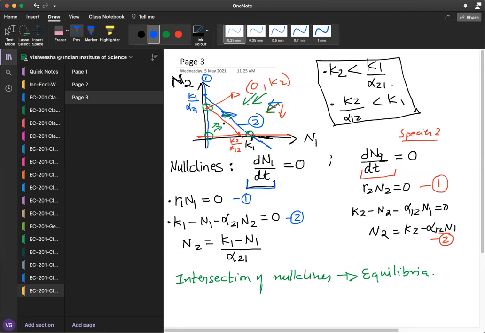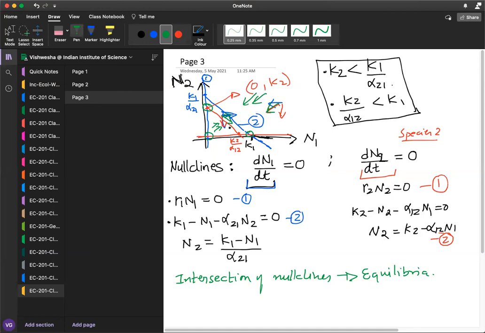Is it increasing or decreasing? It's decreasing. You are above the null line of species 2, which means the numbers are already too large, therefore it is reducing. It's a very messy graph, sorry, I should have done a bigger graph. So in this intermediate region, species 1 is still increasing, but species 2 is decreasing. The net effect will be pushing in this direction.